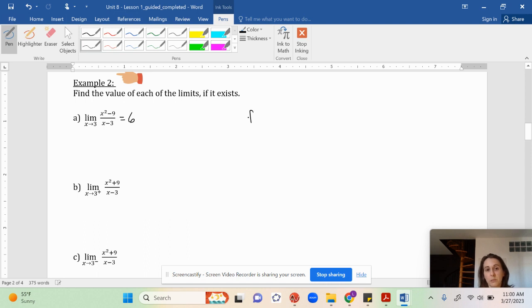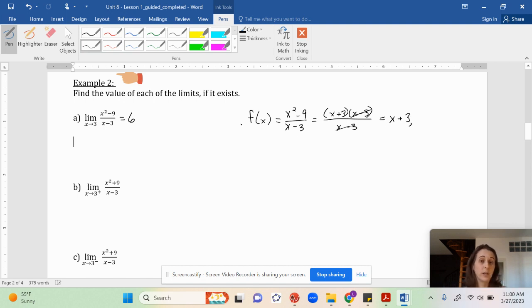Now, why does that work algebraically? Well, if I take that function, x squared minus 9 over x minus 3, I can factor the numerator into x plus 3 times x minus 3 over x minus 3, and cancel out the x minus 3's, and I end up with simply the function x plus 3 with the restriction.